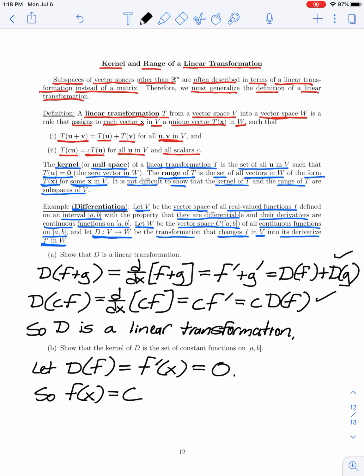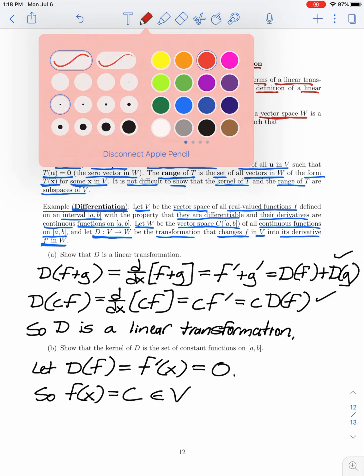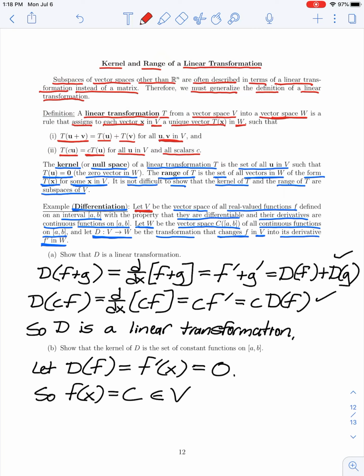So here we have the constant functions within the vector space V, and recall that V was the vector space of real valued functions f on the interval from a to b. So we're specifically talking about constant functions on the interval from a to b.